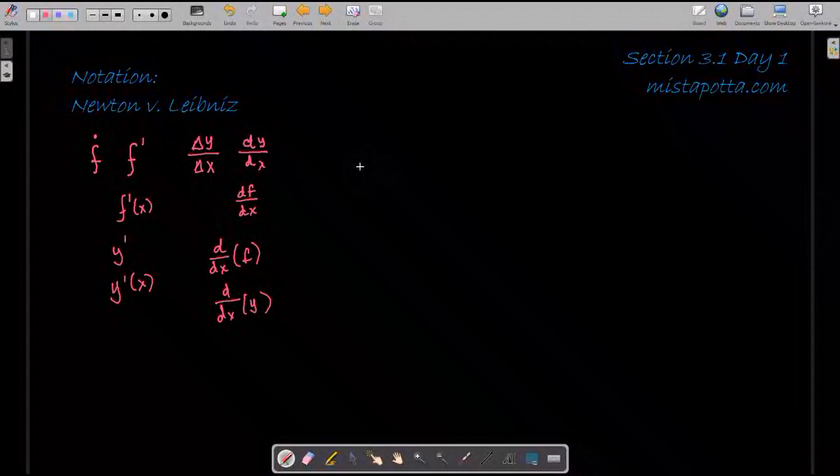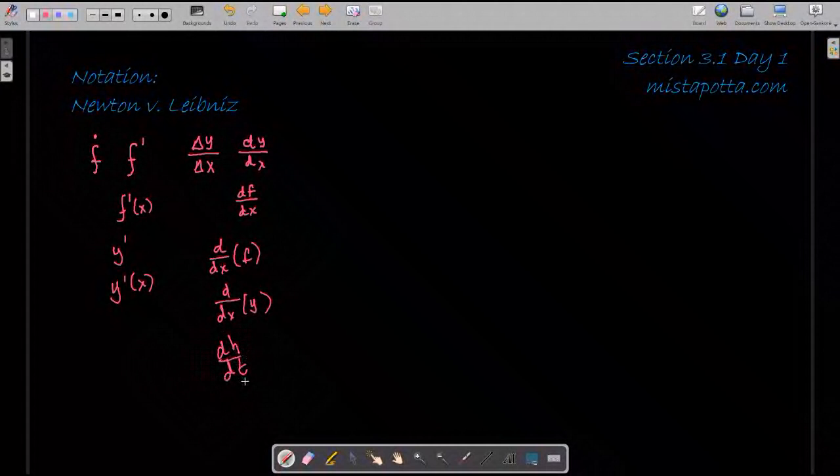One of the things that's nice with Newton's notation is that it's relatively simple to write, especially if it's just f prime or y prime. Whereas the ideal part of Leibniz's notation is that it's clear what my independent variable is. So I can talk about a change in x, or I can talk about a change in t if I want to talk about the change in height with respect to time.